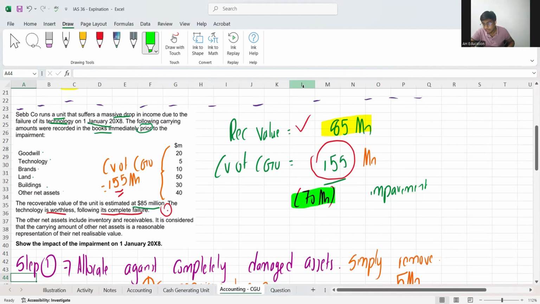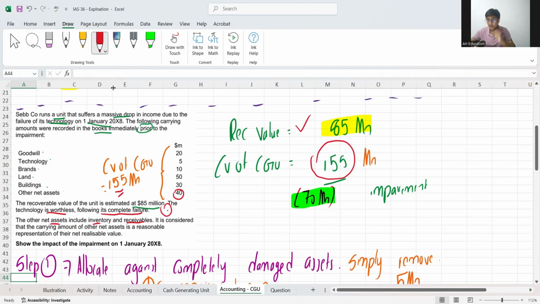But this is not a normal impairment, because this is a group of assets belonging to your cash generating unit. So how do we allocate this 70 million across goodwill, technology, brands, land, building, and other assets? Let's read on. The other net assets, this 40, includes inventory and receivables.